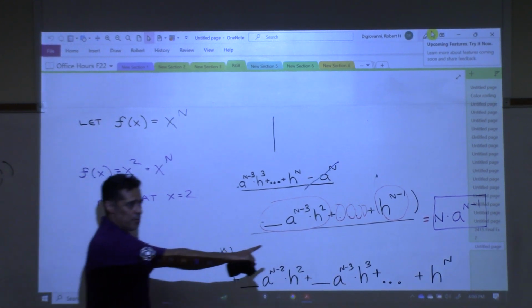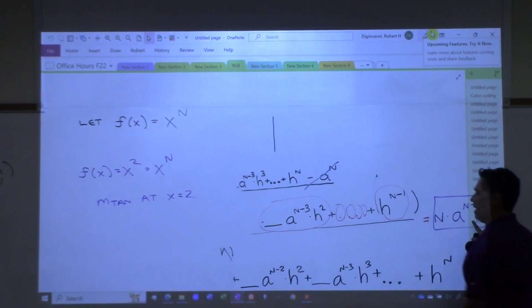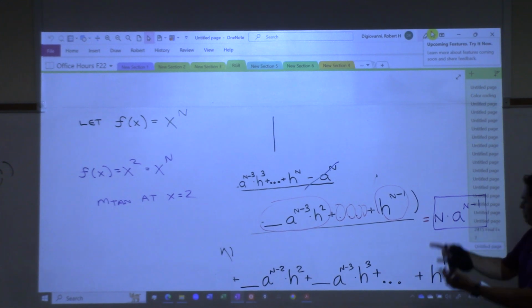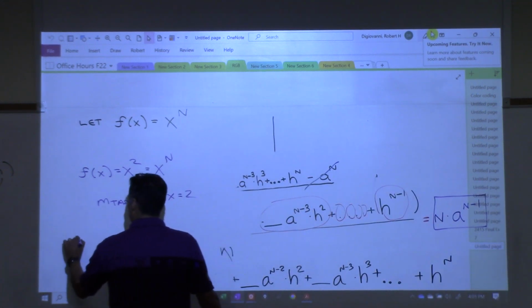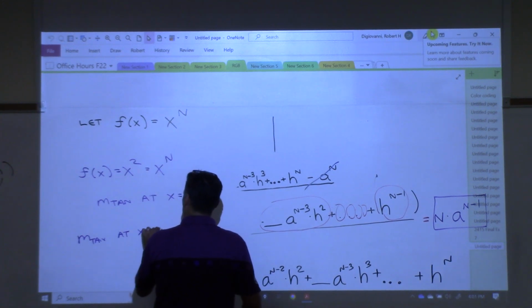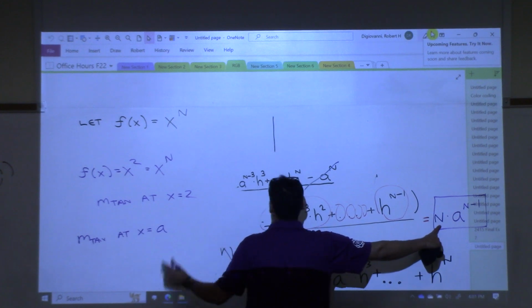So according to this formula, this should be the slope of the tangent line at a. For us, it should be the slope of the tangent line at x equals a, not at 2, but at x equals a. For us, n was 2, right?